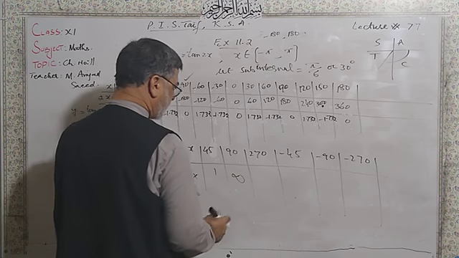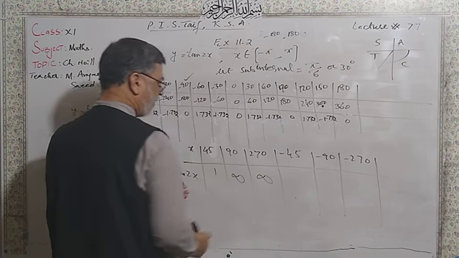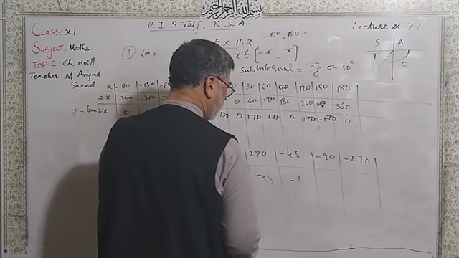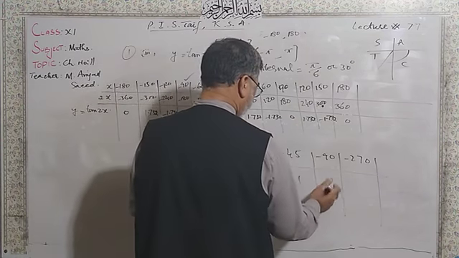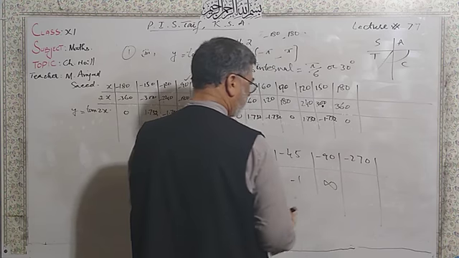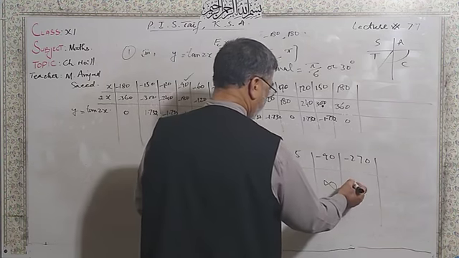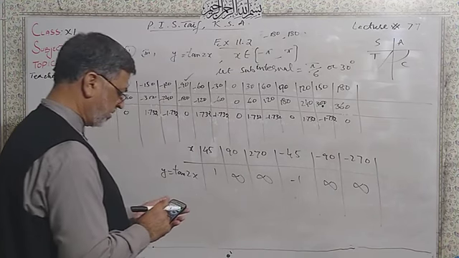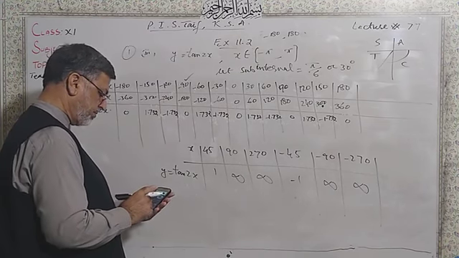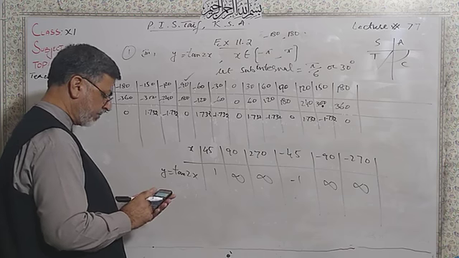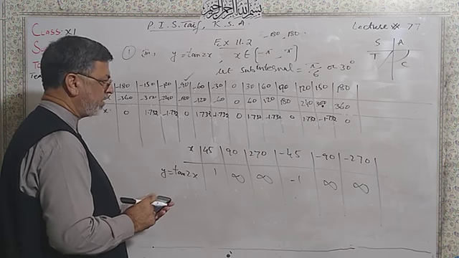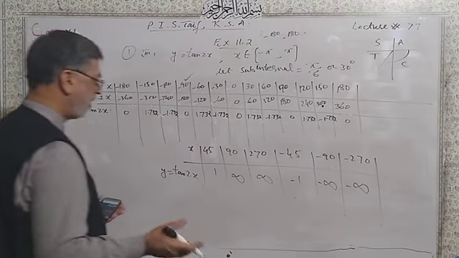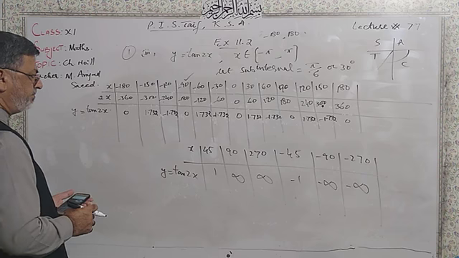Here, tangent 270 is also infinity. Tangent minus 45 is minus 1. Tangent minus 90 is again math error. And tangent minus 270 is math error also. Minus 90, you have minus infinity. Minus infinity or plus infinity, it makes no difference at all.